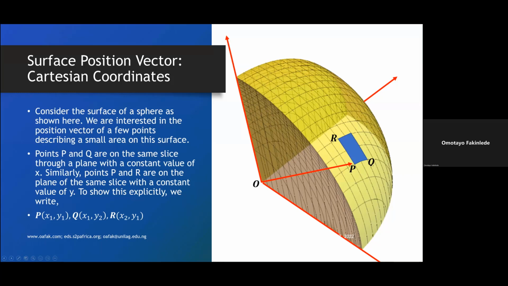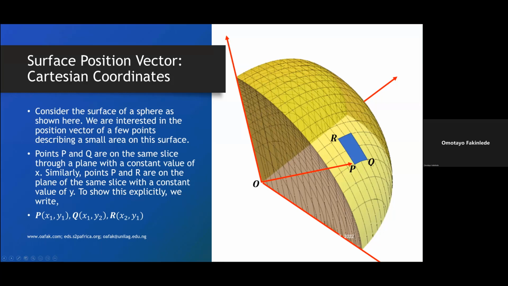So in defining this elementary area, we can make this area as small as possible. And I want you to look and geometrically see that as Q approaches P, if we continue moving Q as close as possible to P, the line PQ becomes a tangent in the direction of Y, because X is not changing.